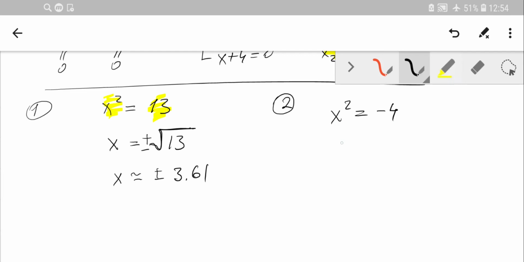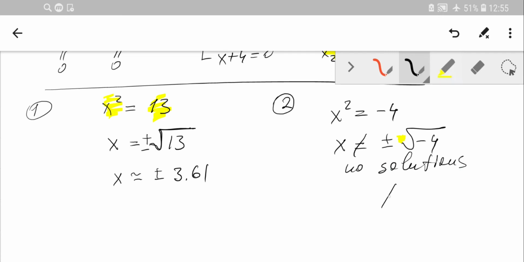In this case, you're not able to take the square root of negative 4, because under the root of even powers, you cannot take it from a negative number. So there is no solution, or you can write the empty set for x as the solution.